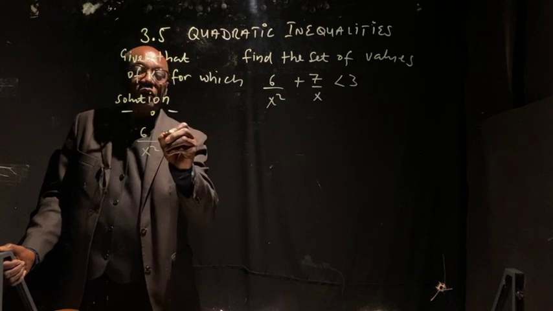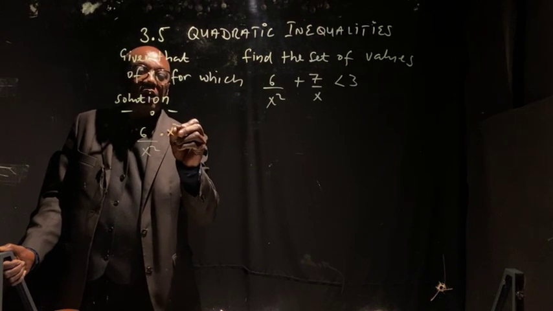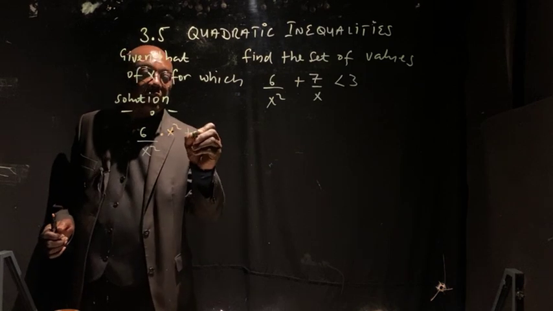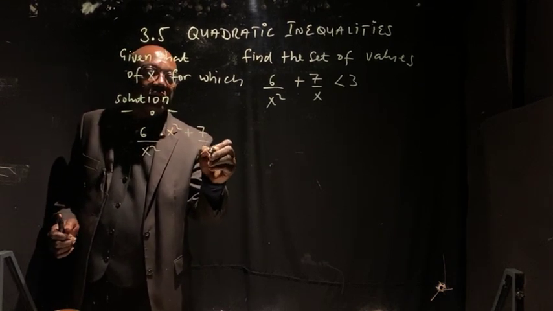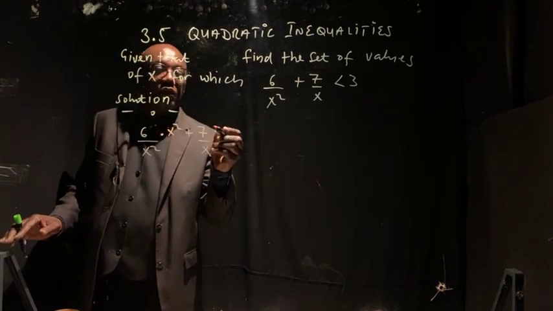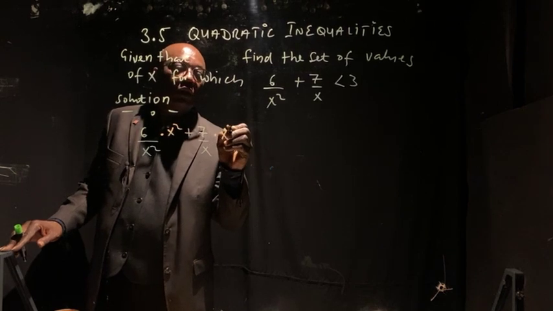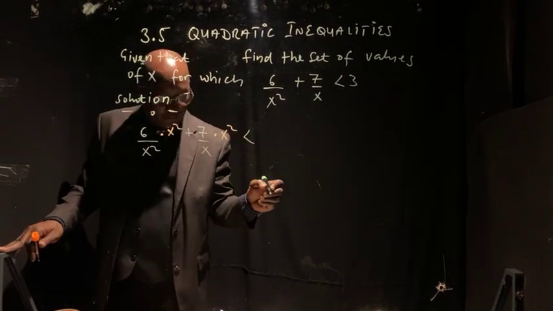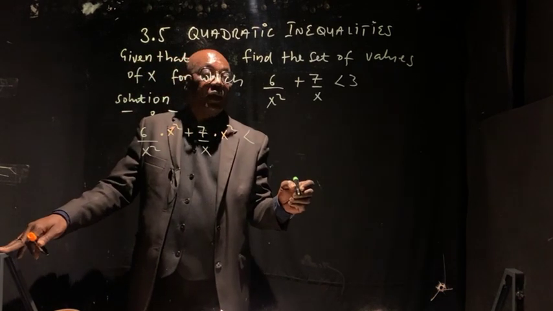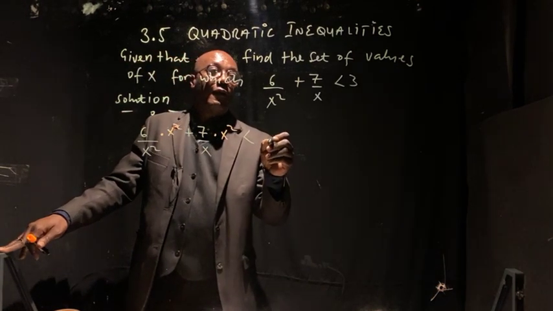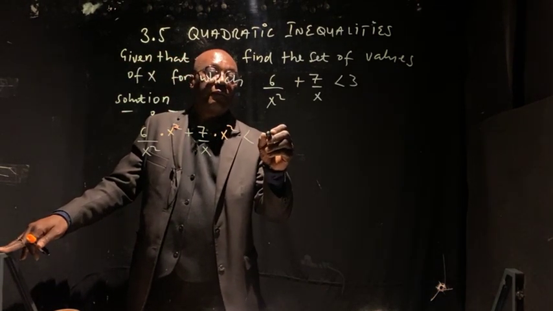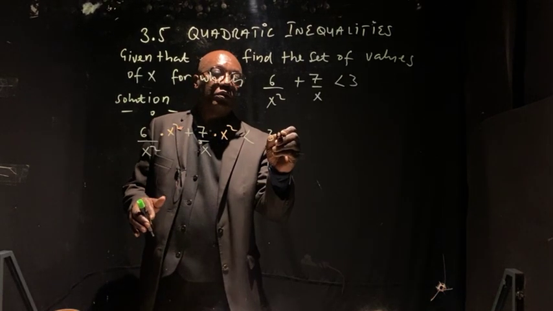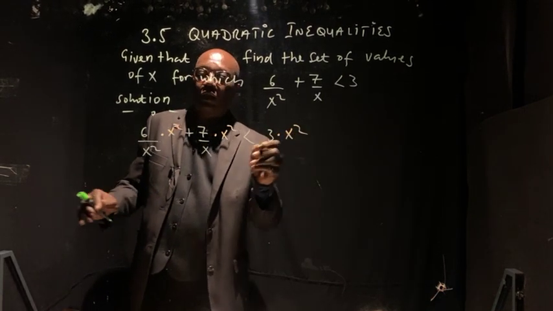This becomes x squared plus 7 over x multiplied by x squared is less than 3 multiplied by x squared.